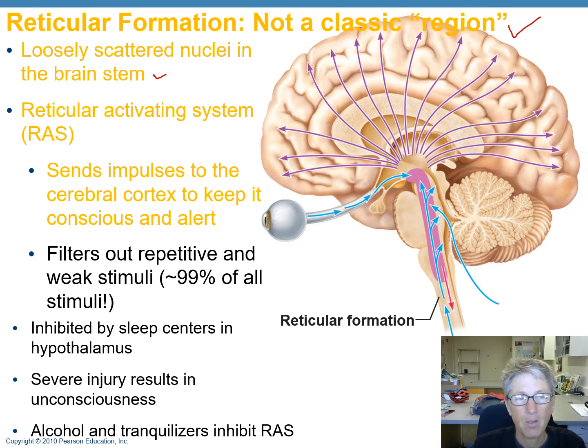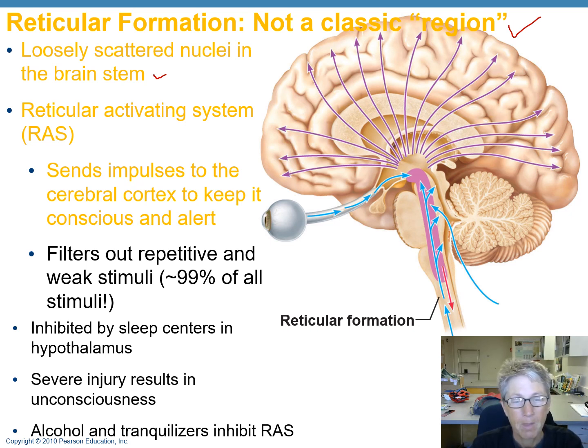You get a lot of stimuli coming in all the time, and the reticular activating system filters out repetitive stimuli or weak stimuli, which is about 99% of all the stimuli coming into your brain. It filters that and just sends the information that needs to be sent to your brain.